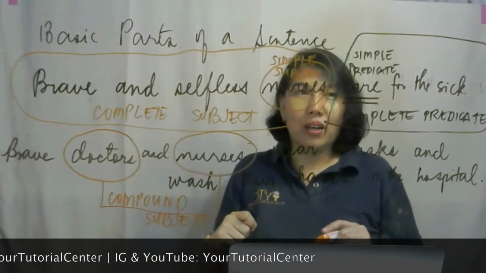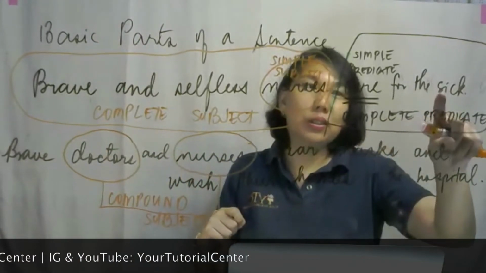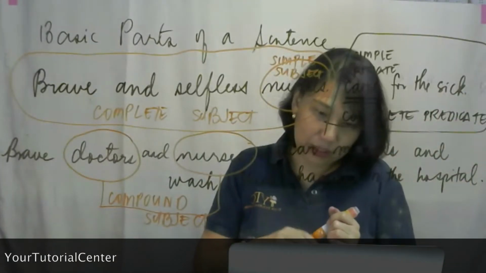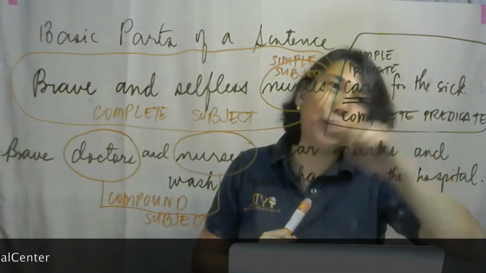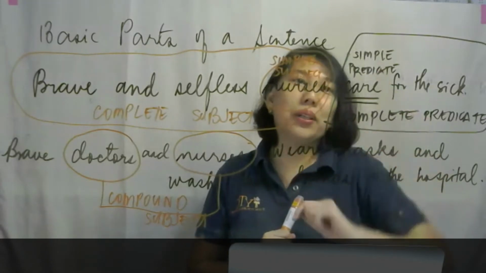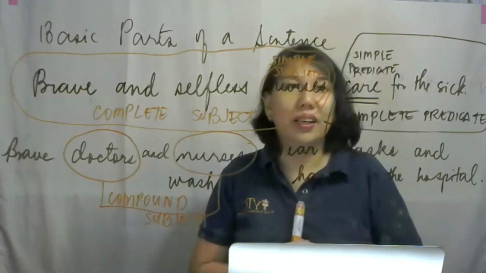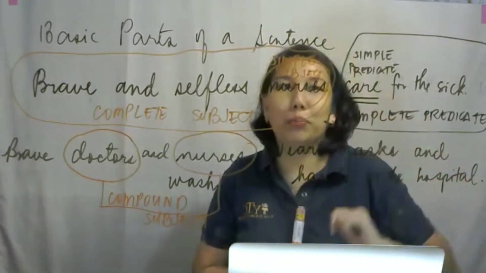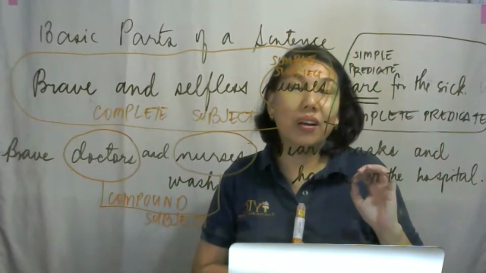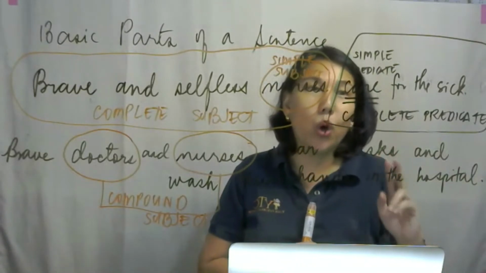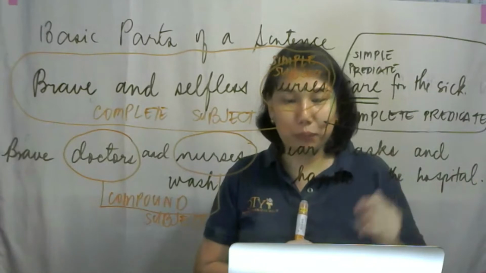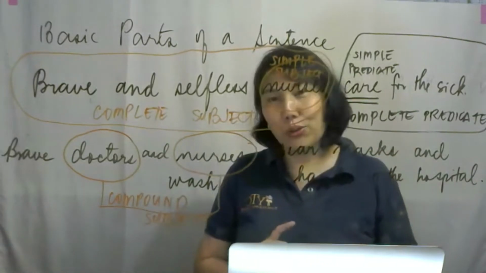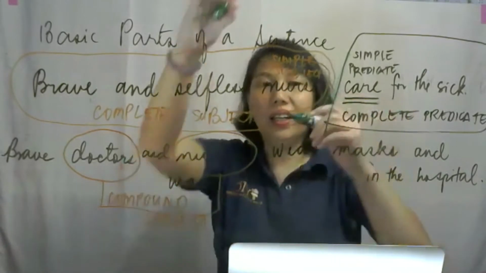Referring again to the first sentence that we used in the previous lesson, we only have one verb. That is our simple predicate. Now, when we say compound predicate, we do not have one, but two or more verbs that make up the predicate. So in this case, I think I have to draw a line in between.